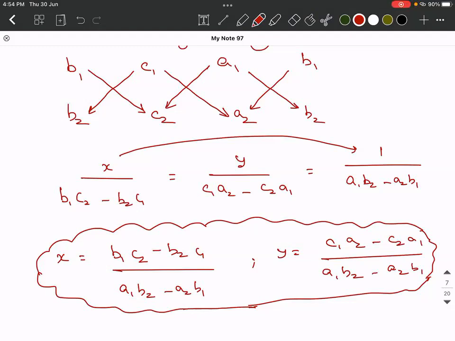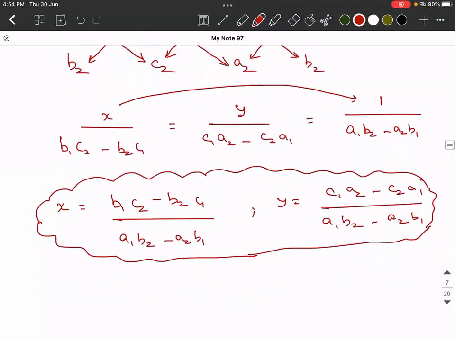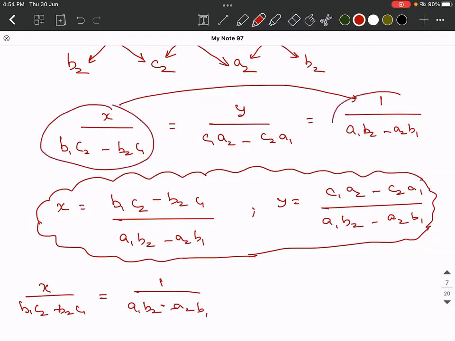See, x by b1 c2 minus b2 c1 is equal to 1 divided by a1 b2 minus a2 b1. This term is equal to this term. A is equal to B is equal to C. Then can I say A is equal to C?